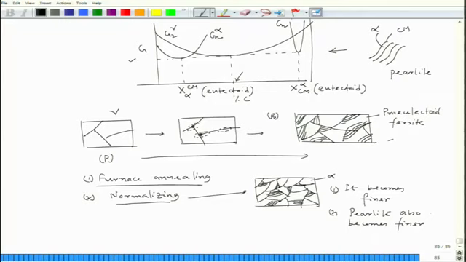What does it mean when I say that pearlite becomes finer? When I talk about this pearlite, we see that two subsequent cementite lamellae are separated by a distance, and this distance we call the interlamellar distance.